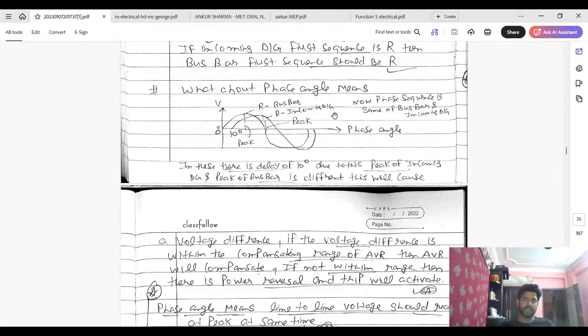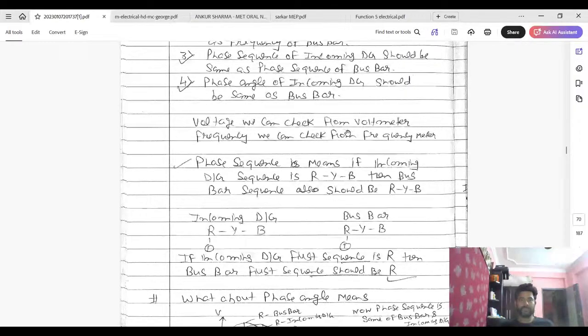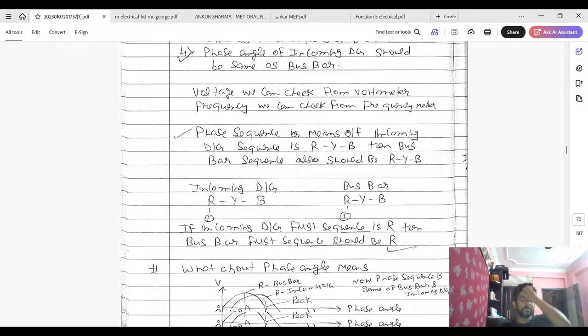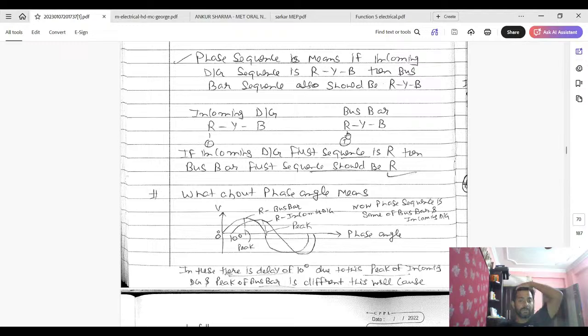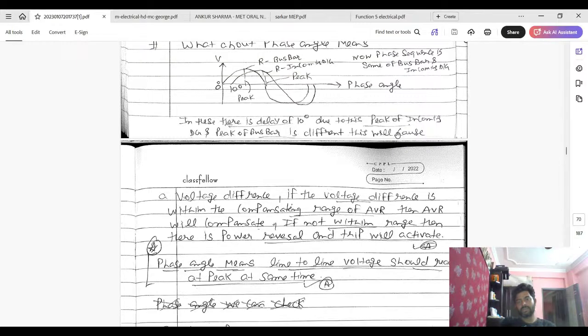So what is phase angle? When the R phase of the bus bar is at the peak, at that time the R phase of the incoming generator should also be at the peak.